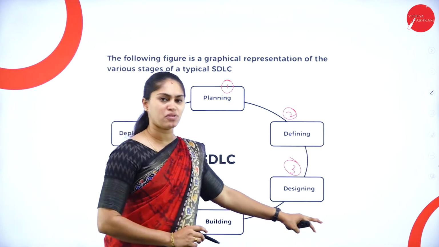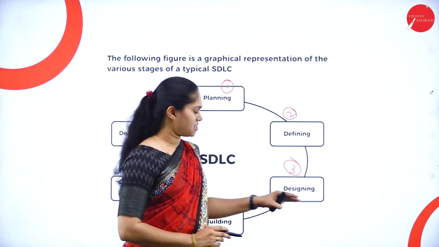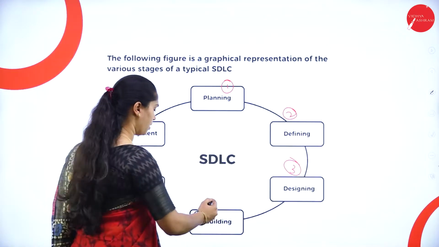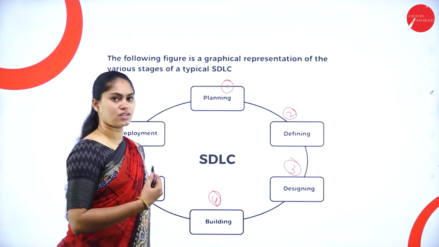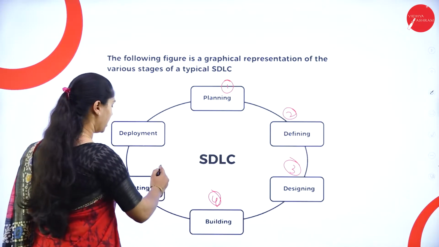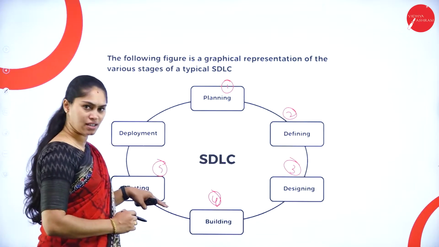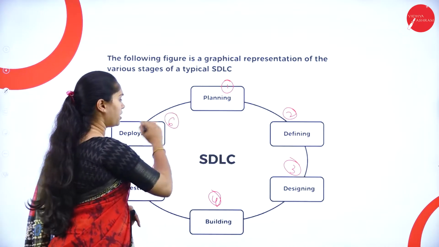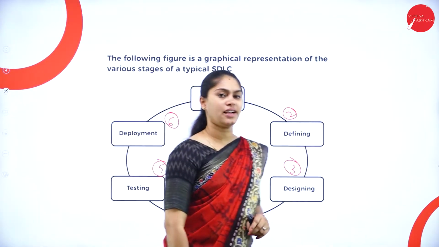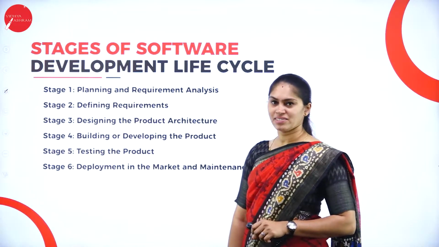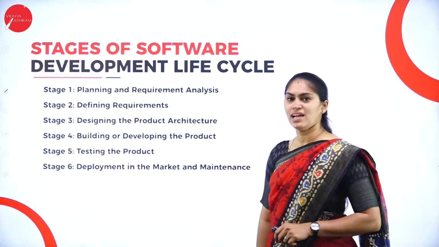With the help of designs or schematic representations, they will design the customer's requirements, then it is given for coding, or implementation, called building. Once it is built, it needs to be tested, that is the testing phase. Once it is tested, it will be deployed to the user environment, and then it is ready to use.